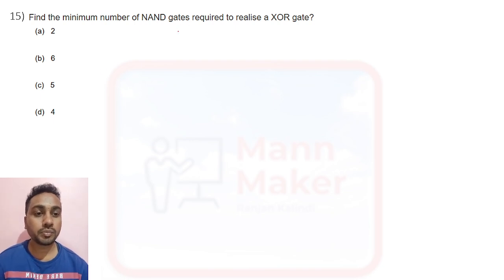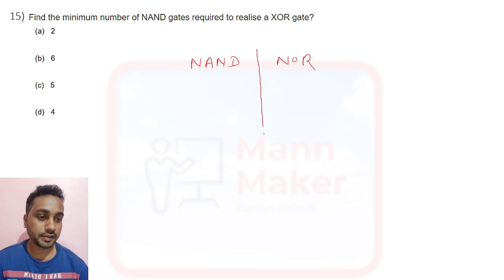Find the minimum number of NAND gates required to realize an XOR gate. Okay, so I will teach you one thing, one table. Just remember this table. This is NAND and this is NOR. Okay, just remember this table. It will help you in every exam.